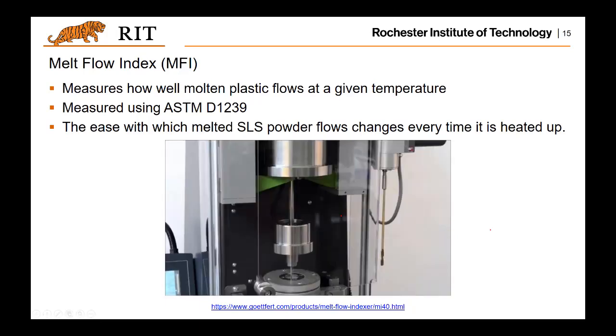As you can see here, this molten plastic has flowed through these tubes. So that's how it could be measured, how easily the molten plastic flows.